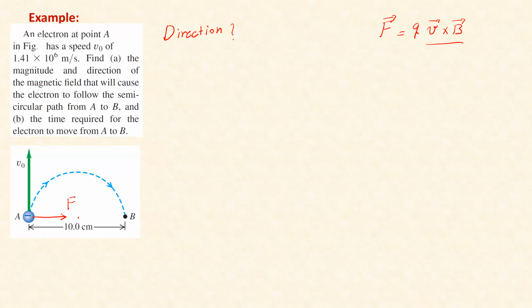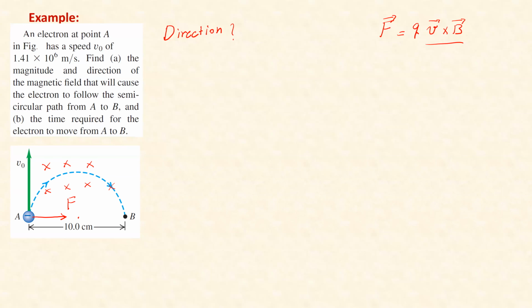If the force is to be in this direction, what direction should the B field be? Yes, B is into the page, which we show by crosses. So what is the direction of v cross B? v cross B will be to the left, right?